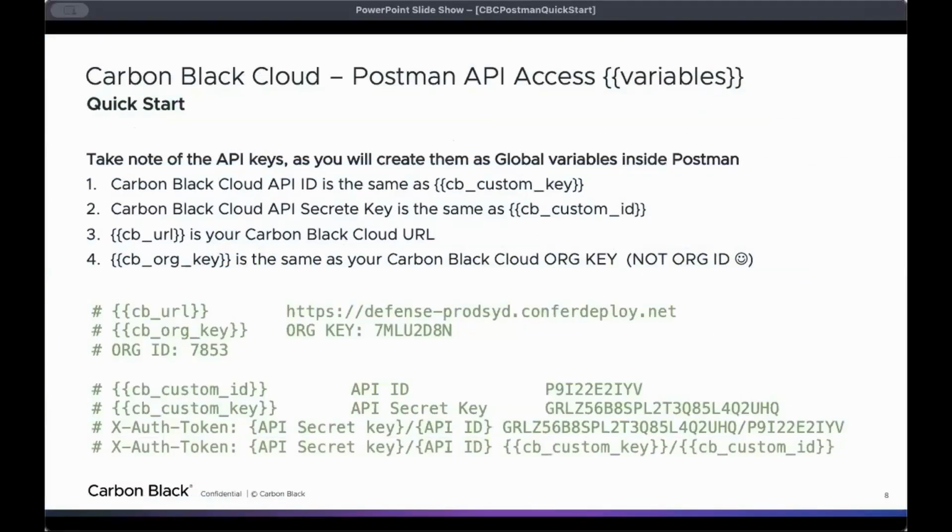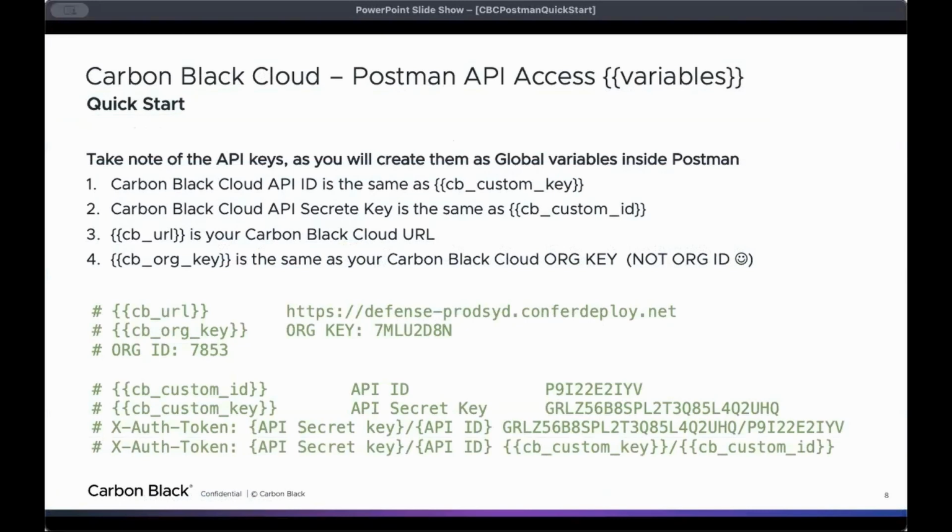So now that you have the API keys, take note of them as you will create them as global variables. This is a really important step, and you need to make sure that you have the syntax correct, otherwise you get confused. So the Carbon Black Cloud API ID is the same as that variable there, cb_custom_key.